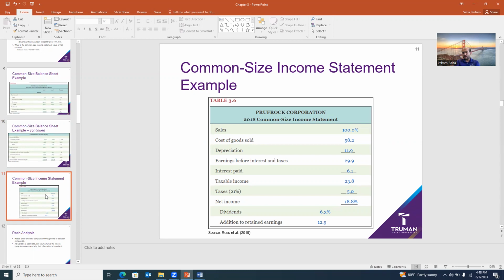On the other hand, for ratio analysis, we can scale different accounts from the balance sheet and income statement by different accounts. Let's say we can scale current assets by current liabilities, not by total assets. That gives us the current ratio, which is a different interpretation and gives us a different performance standard.